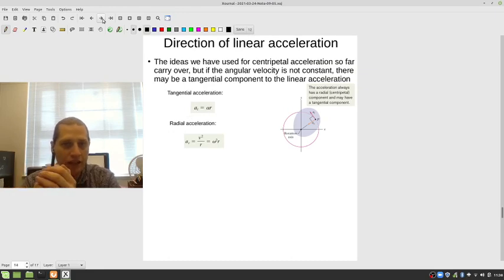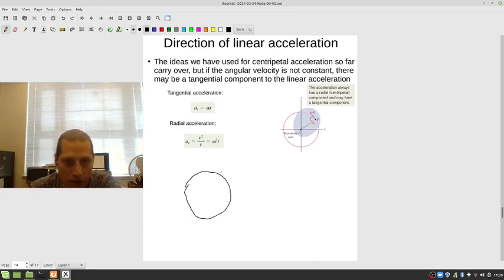Now I said that the acceleration was going to have a little bit of an extra tricky part. And here's why that's a little bit tricky. Now, the tangential acceleration, that is the acceleration where, let's say that you're moving in this direction, and you're speeding up in that direction.